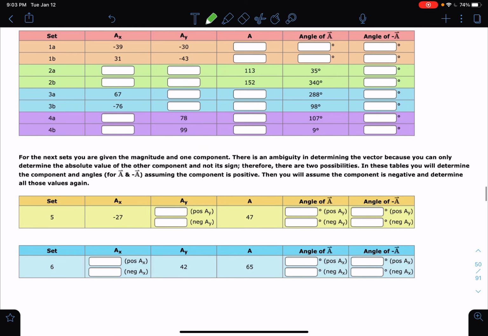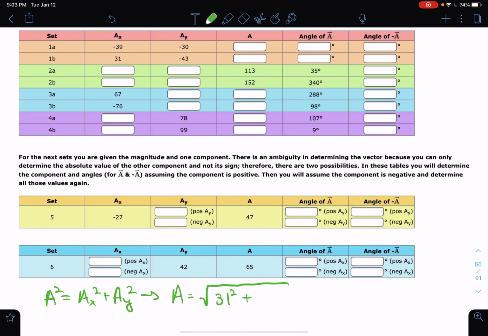To get the magnitude, by the way, we're going to use the Pythagorean theorem. And I've got 31 squared and negative 43 squared.